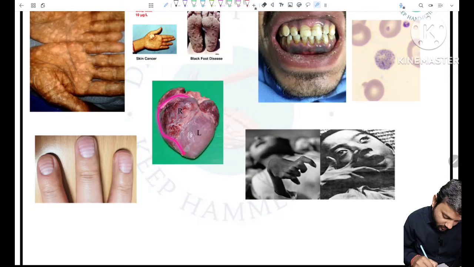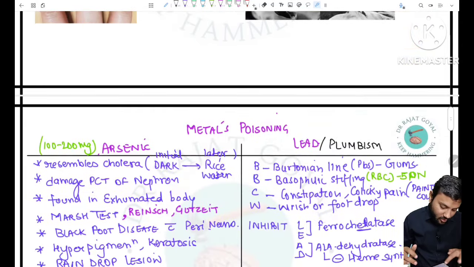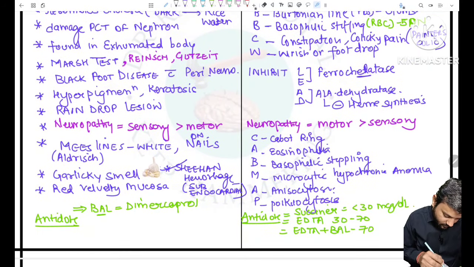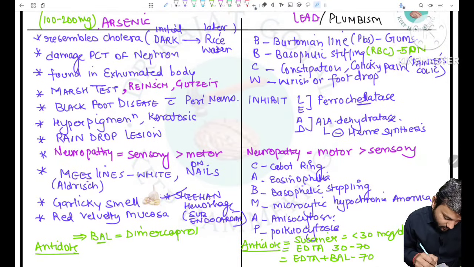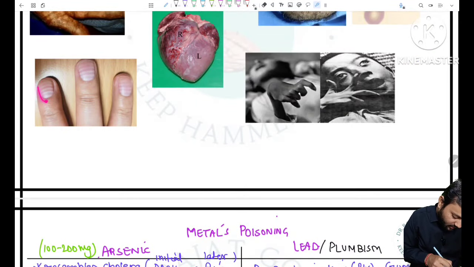Here we can see the heart and the hemorrhages. These are subendocardial hemorrhages. Subendocardial hemorrhage or Sheehan hemorrhage is also a feature of arsenic poisoning. In the last, we can see white lines in the nails.